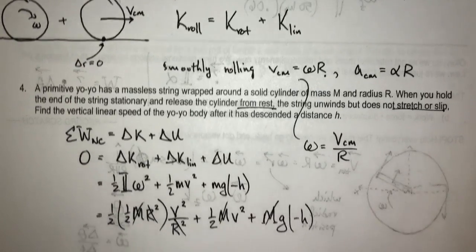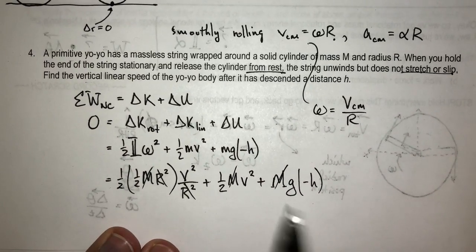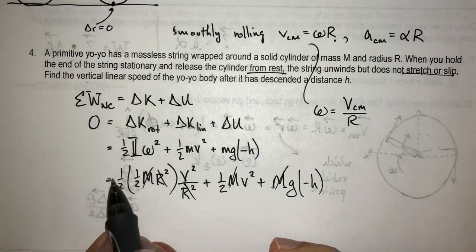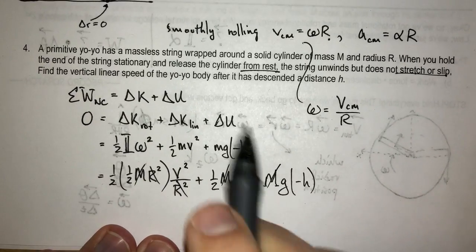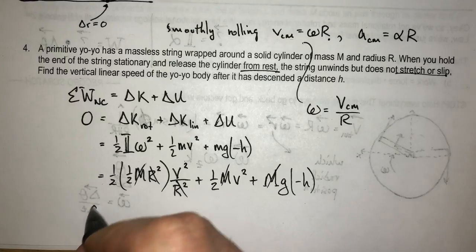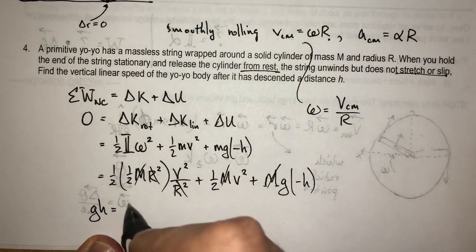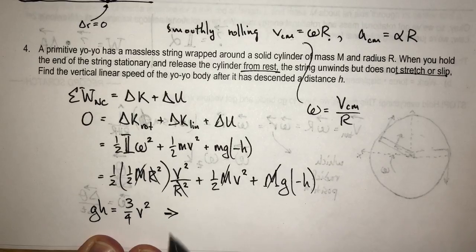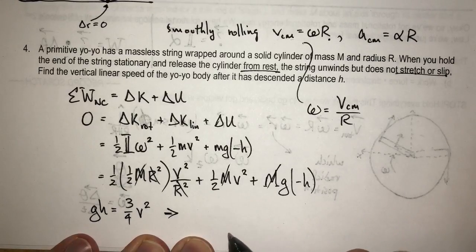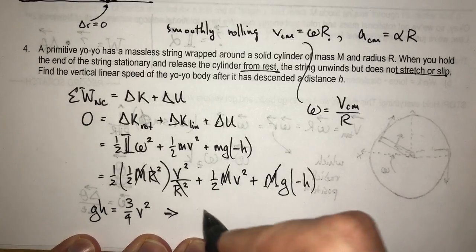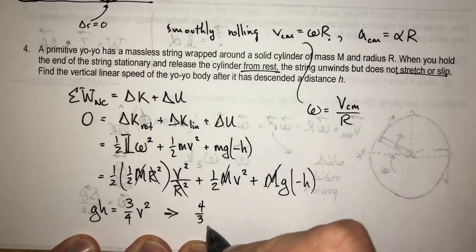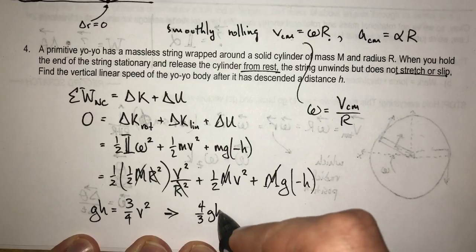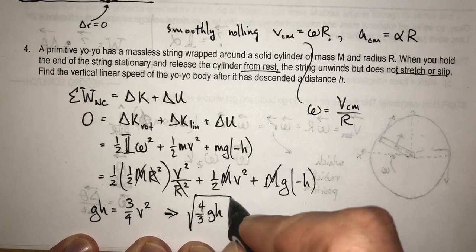So that's v squared times, 1/2 plus 1/4 is 3/4. So that's gh equals 3/4 v squared. And then we solve for v. And it's the square root of 4 over 3 gh.